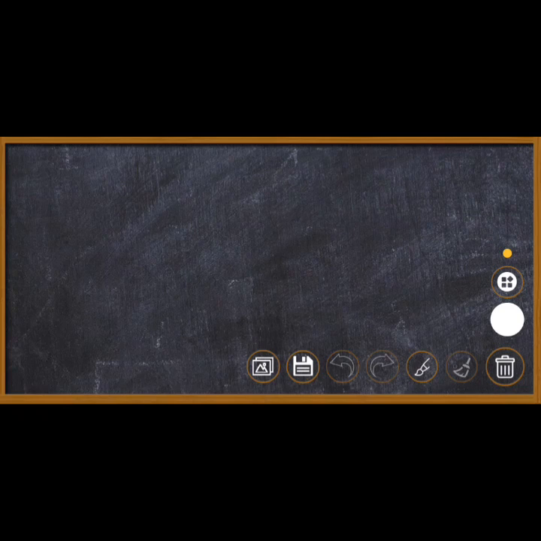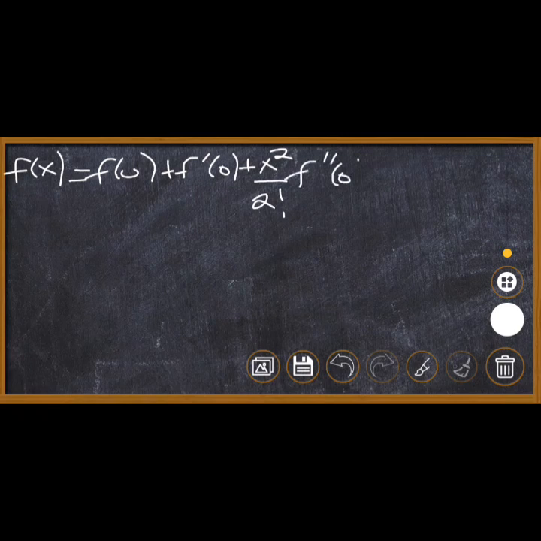Remember that the theorem was f of 0 plus the first derivative, where there is x, we put 0, plus the second derivative of f at 0, plus the third derivative of f at 0, plus, since we have gone as far as the sixth, let's go as far as that.